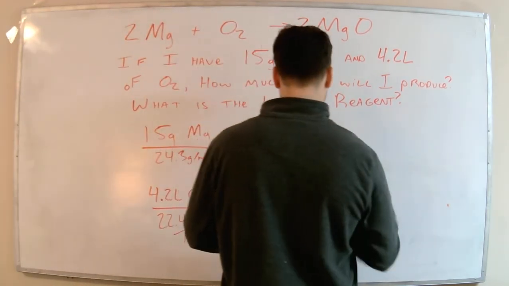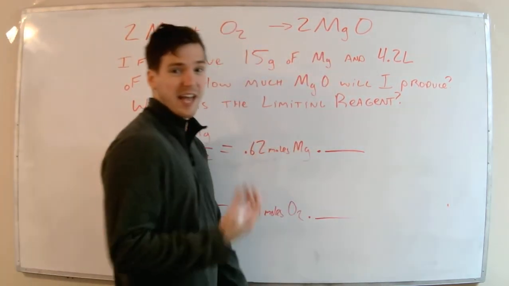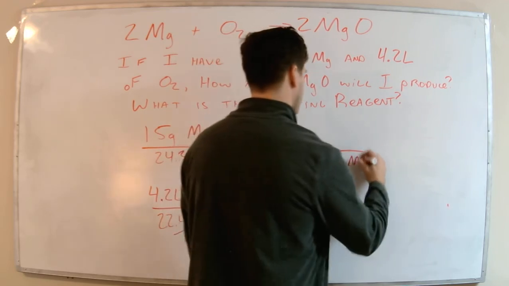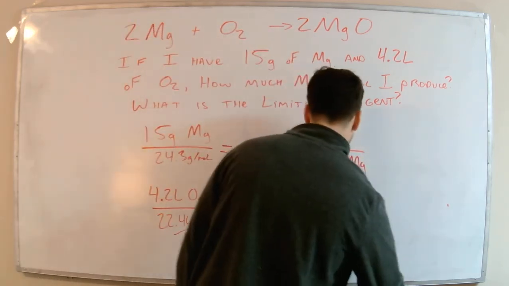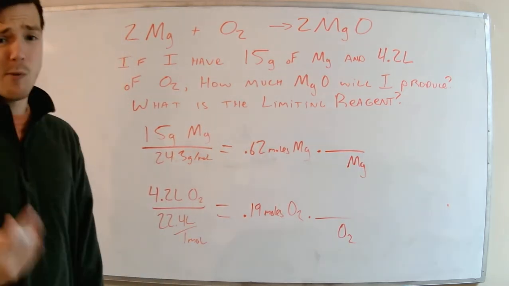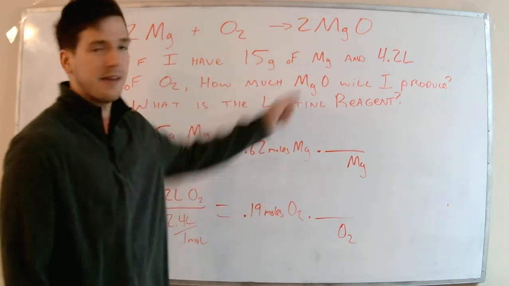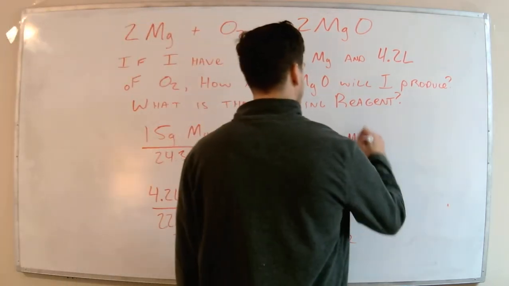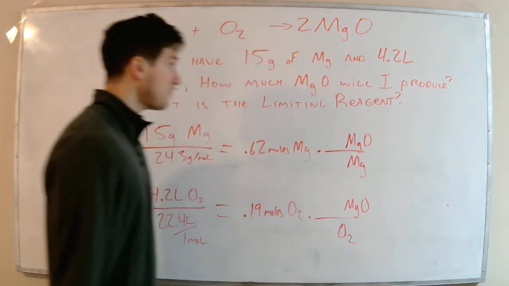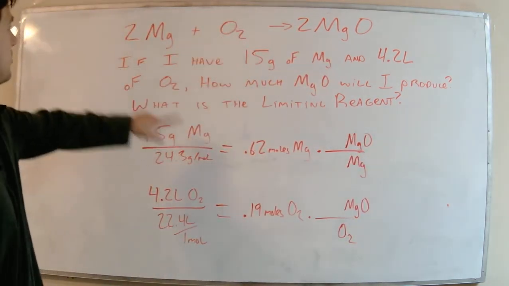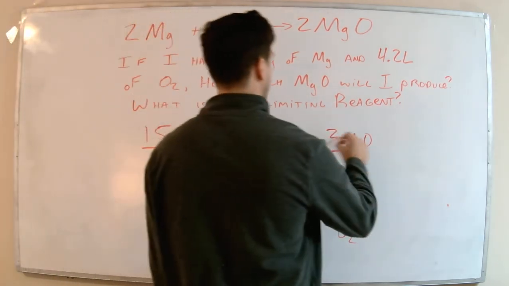Mole ratio time. What we already have on bottom, magnesium right there. Let's put magnesium on bottom, and O2 on bottom here. And what we want on top is MgO, because that's what we're trying to figure out is produced. Magnesium oxide to magnesium is a 2-to-2 ratio.